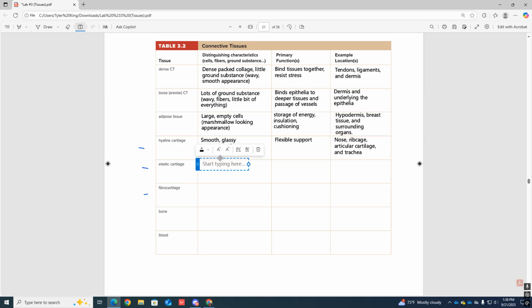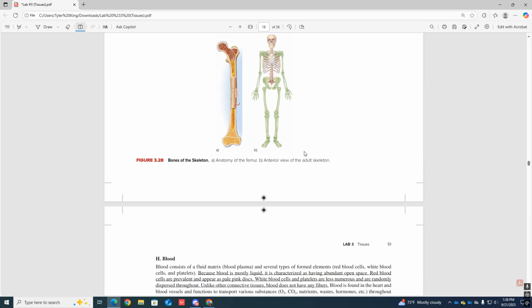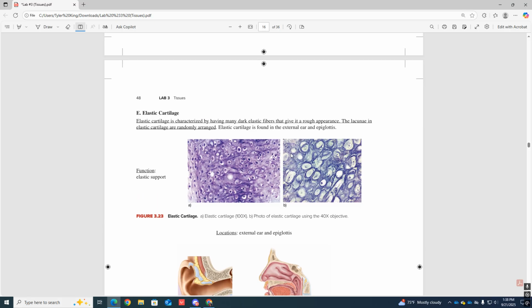All right, elastic cartilage. What's this one going to look like? Remember, this one has dark elastic fibers with a rough appearance to them. These are kind of in a hodgepodge. We scroll up here. Elastic right here. Remember, it has to be able to resist a bunch of different stresses put upon it, because it always has to return to its original structure.